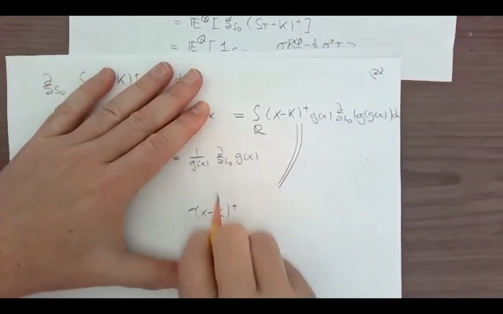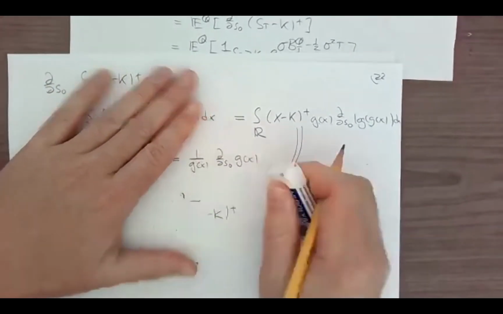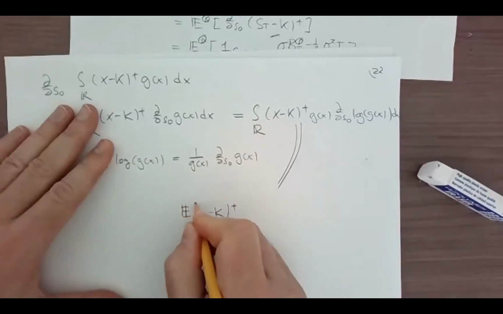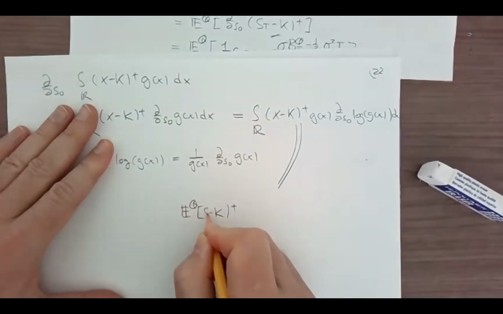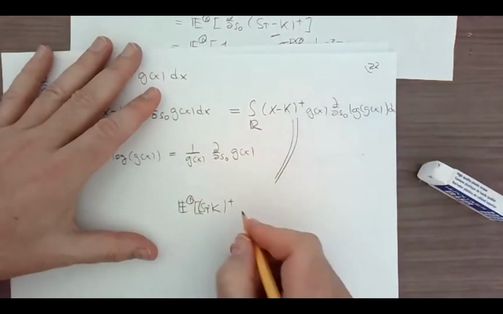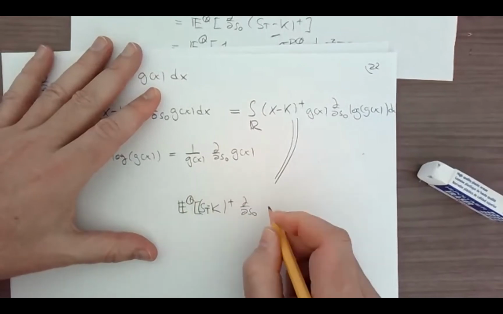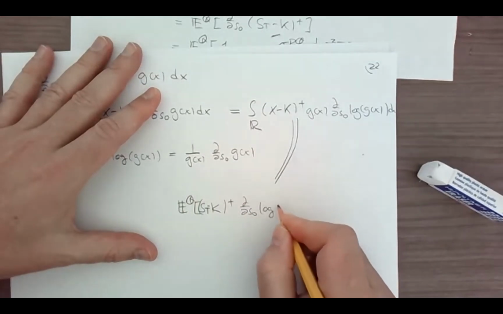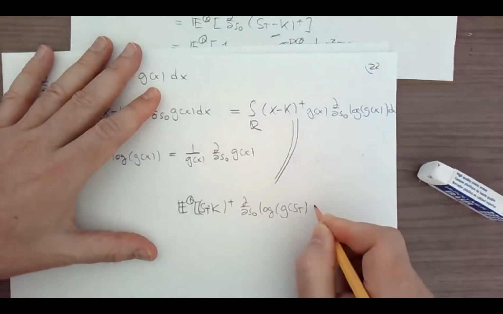So this was the expectation. And g, that was the density, gets into the expectation, and then we have the derivative with respect to S0 of log of g of S_T.